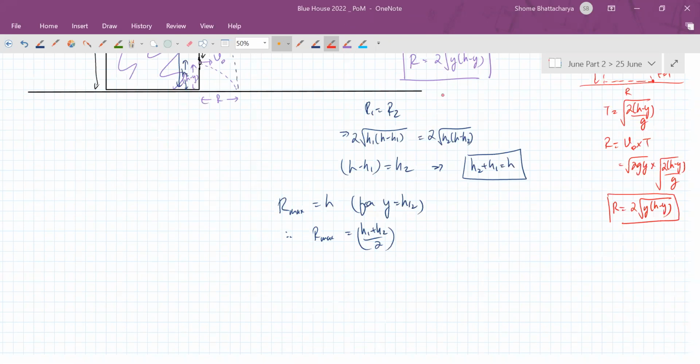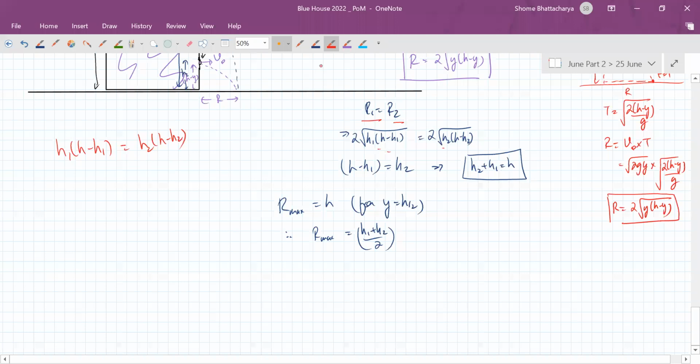Okay, because see, now when we are comparing two holes made at H1 and H2 such that they are having equal range, R1 is equal to R2. So this condition is telling us that H1 into H minus H1 is equal to H2 into H minus H2. So it's telling us that either H1 is equal to H2, which is not the case, or otherwise this quantity is equal to this quantity, and therefore this becomes equal to this.